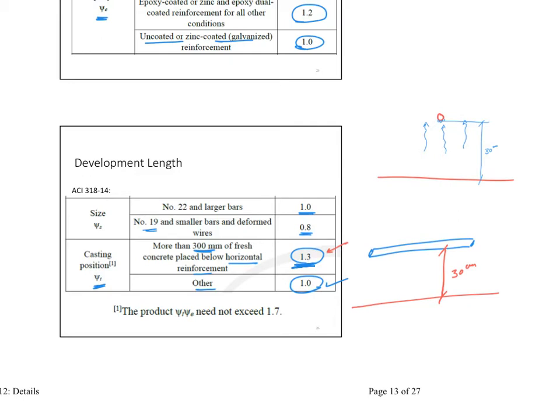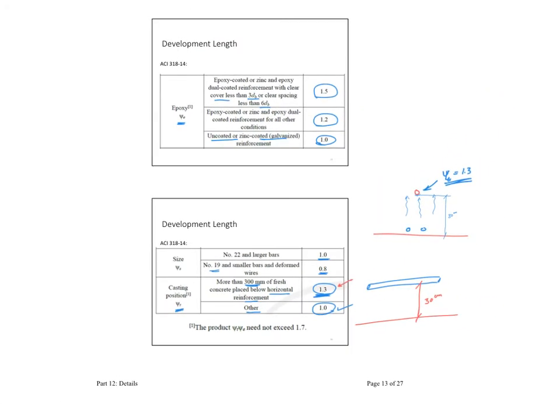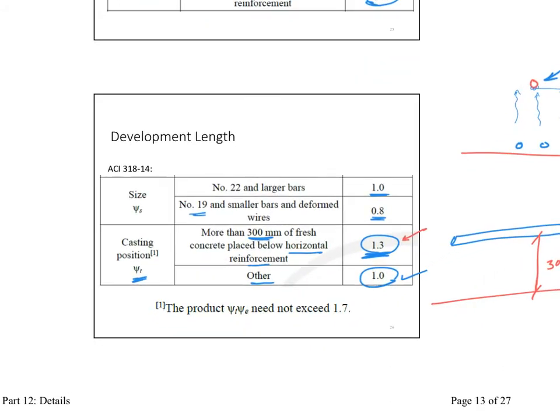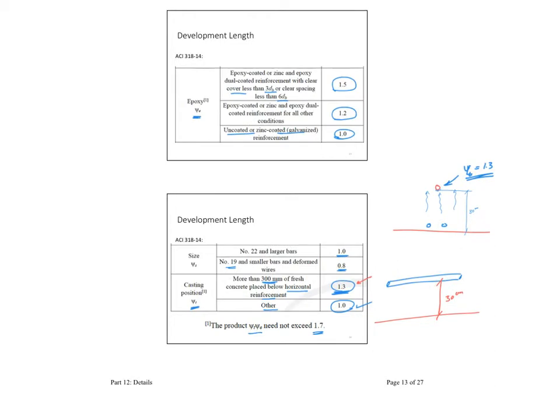If it's a bar that is down here, that also does not apply. So this guy here gets a psi T equals 1.3. Where is the psi T? If you go back to the equation, you'll see it at the top. And then they said that the product of psi T and psi E should not exceed 1.7. So if it goes more than 1.7, you take the 1.7 as your maximum value.